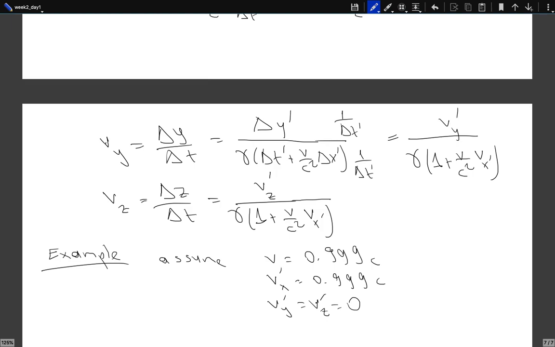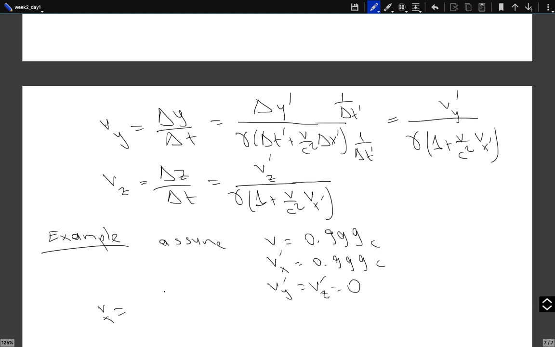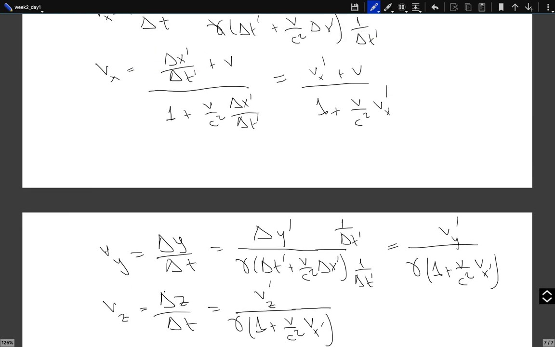So what will I measure its speed to be? Vx will be, well, the addition law: Vx prime plus v.